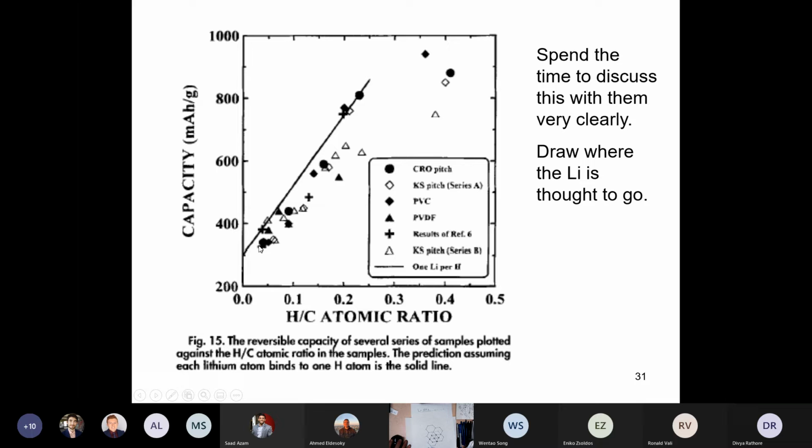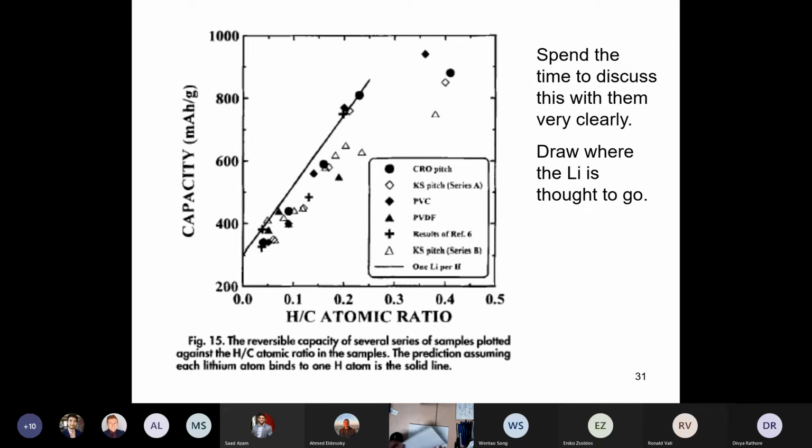Okay, and there's a pretty good correlation, and this solid line is 1 lithium per hydrogen. So for every hydrogen in the material, there's a lithium that can bond nearby. That's the thought. So I'm going to go to my document camera and explain what the thinking at the time was. Okay, so this is quite amazing. It's the only thing that correlates with the observation is the hydrogen to carbon ratio.